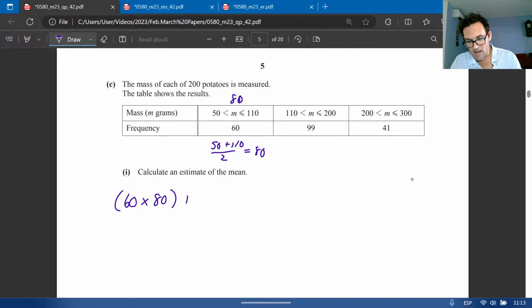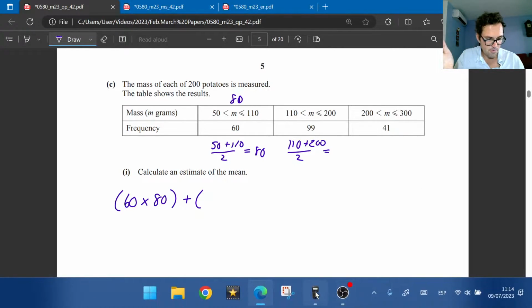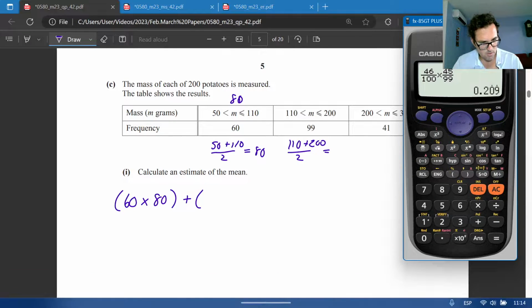Then we need to add the 99 potatoes that weigh between 110 and 200. Again, the midpoint will be 110 plus 200 divided by 2. What's that? 310. What's halfway? 155. Yeah, 155. It's always good to double check. Save your brain power.